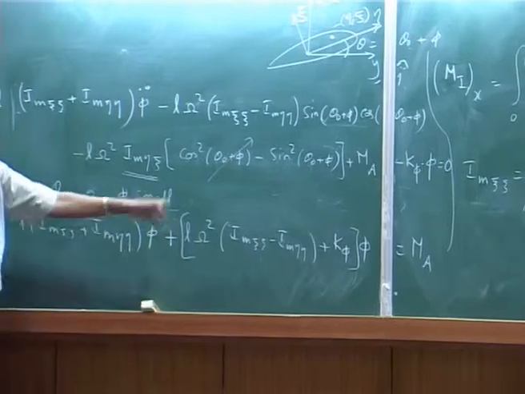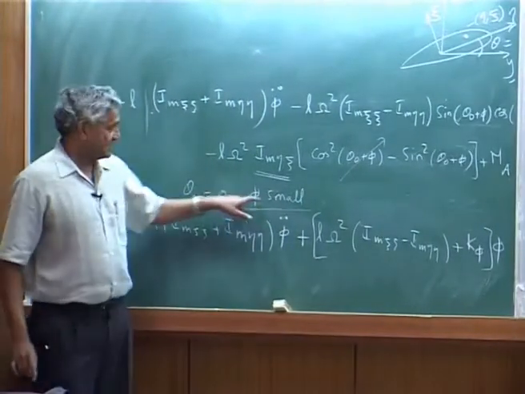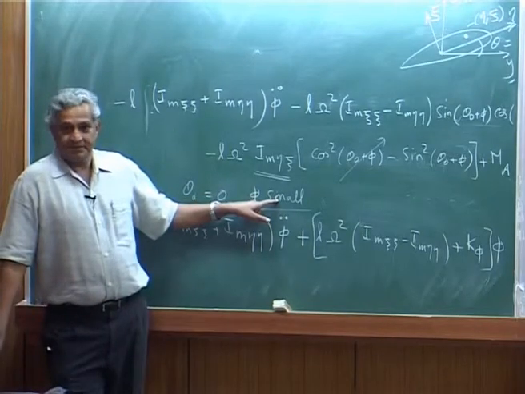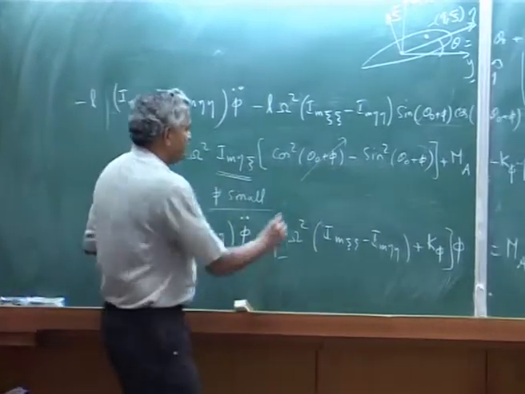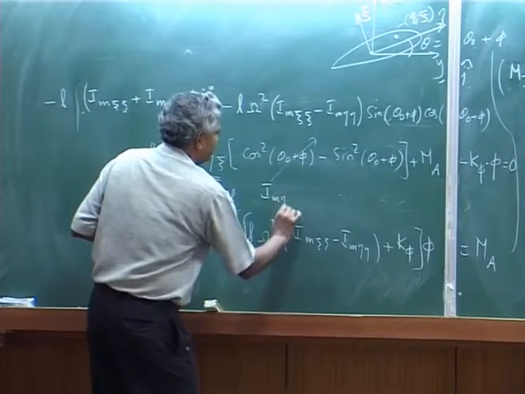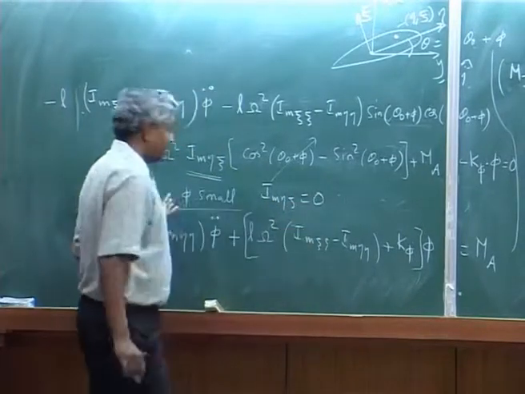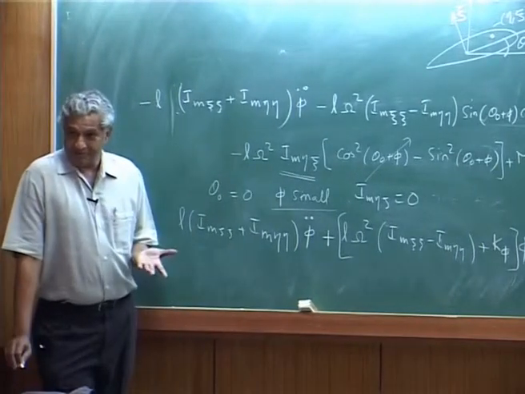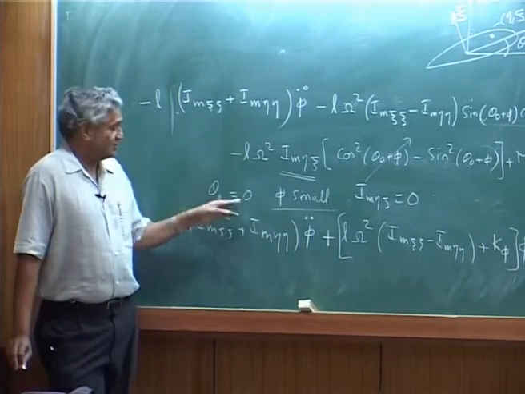Okay, I have made it highly simplified with this assumption. And I said the I m eta psi is 0. So, I make all those assumptions. It is a symmetric aerofoil, theta naught is 0, phi is small.